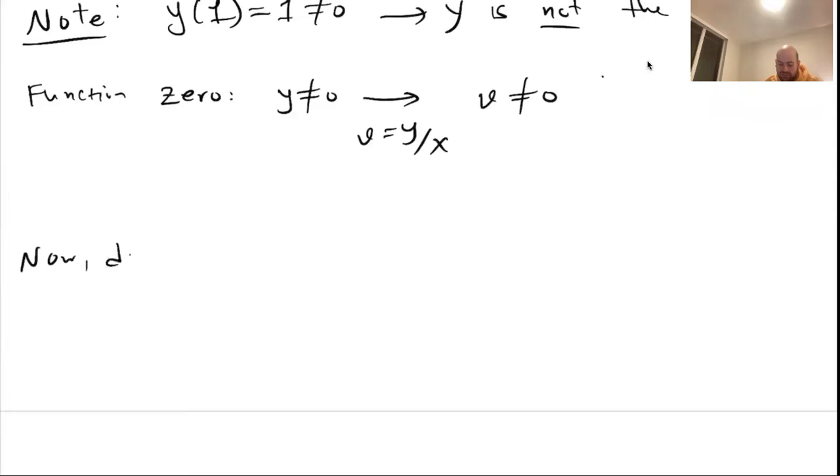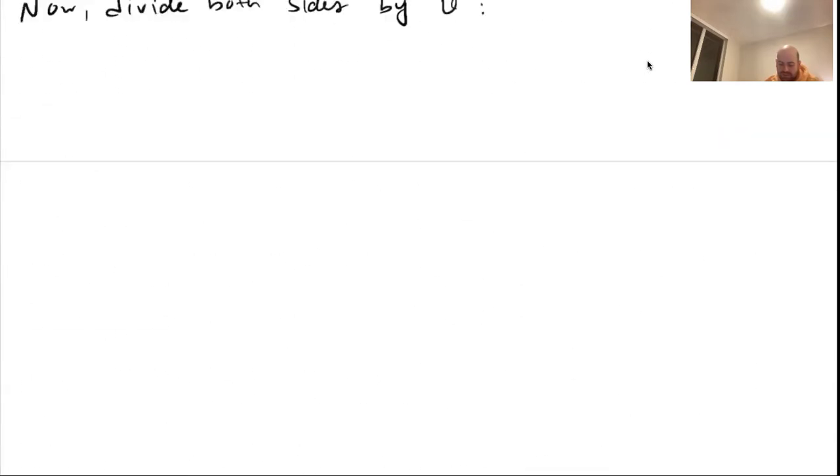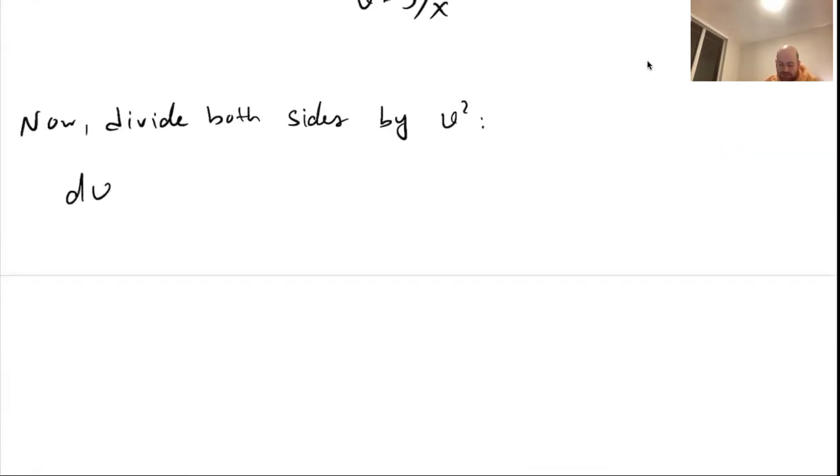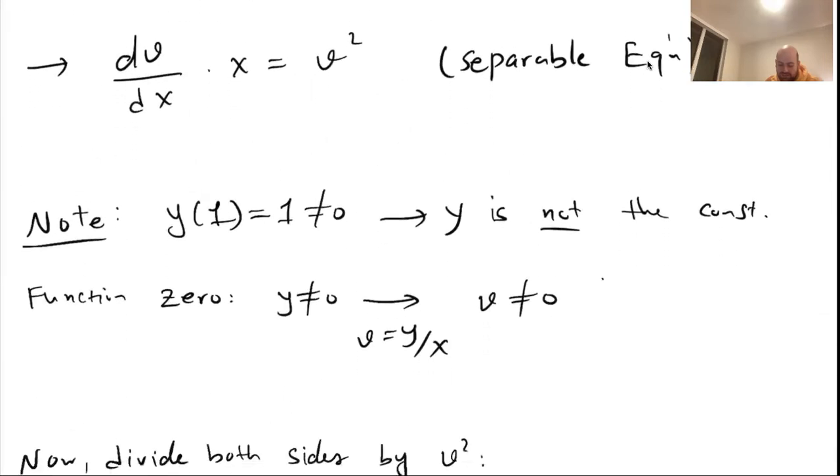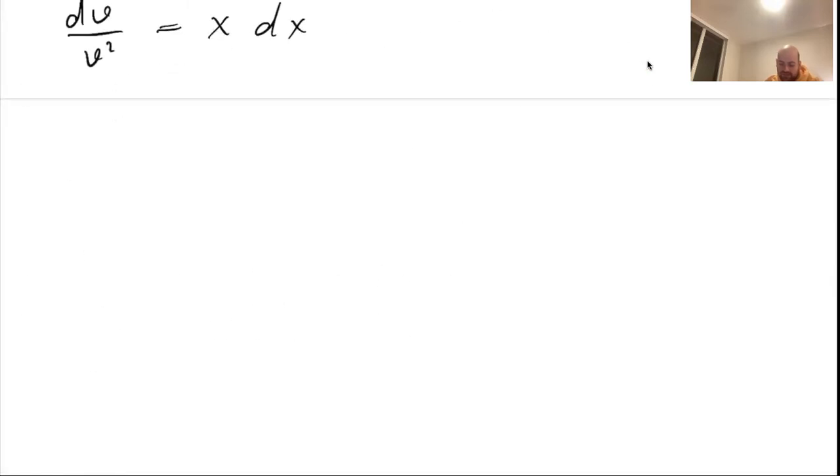Now, divide both sides by v squared, then we'll get dv over v squared equals x dx. So 1 over x dx.